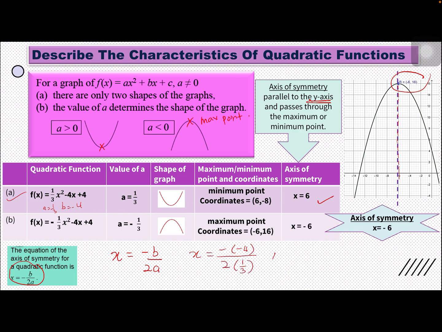So this is 4 divided by 2/3, or we can simplify it to 4 times 3 over 2. Simplify the 2 and then you get 6. So your x is equal to 6. As easy as that. Jot down the formula for finding the equation of the axis of symmetry, which is x = −b over 2a.